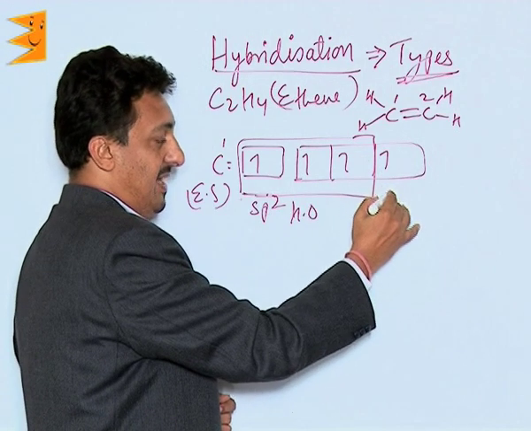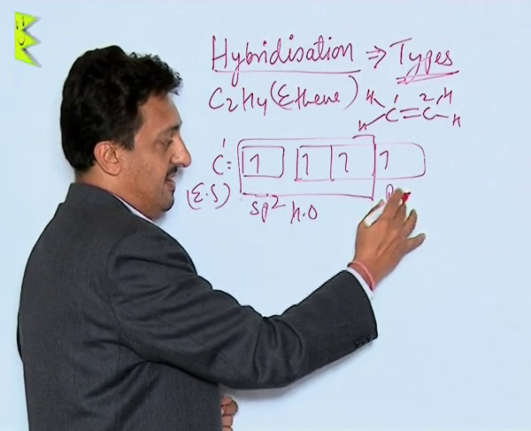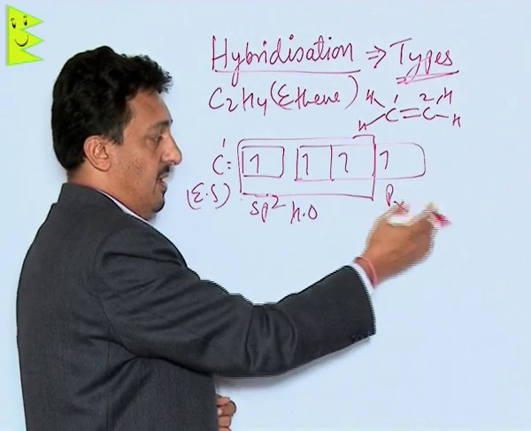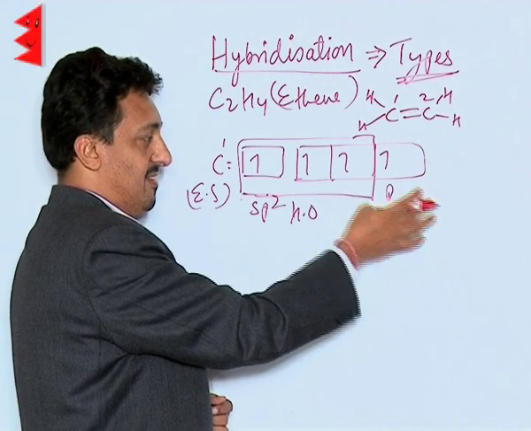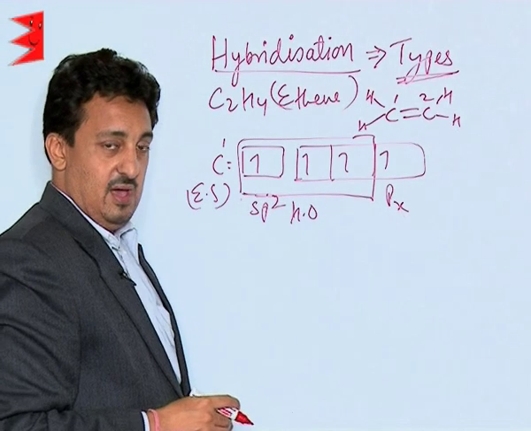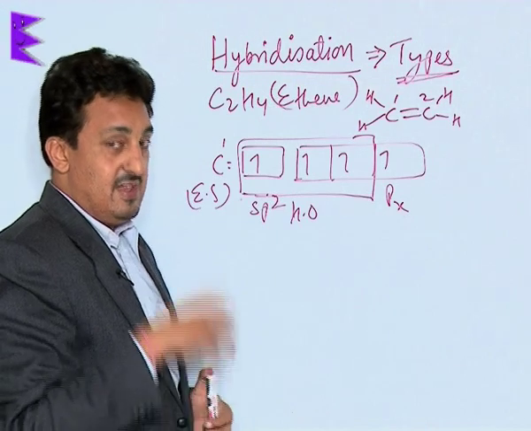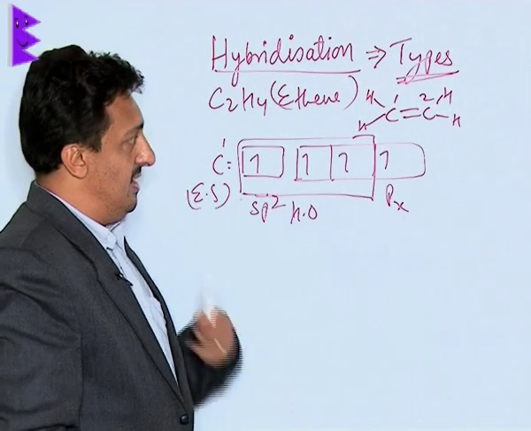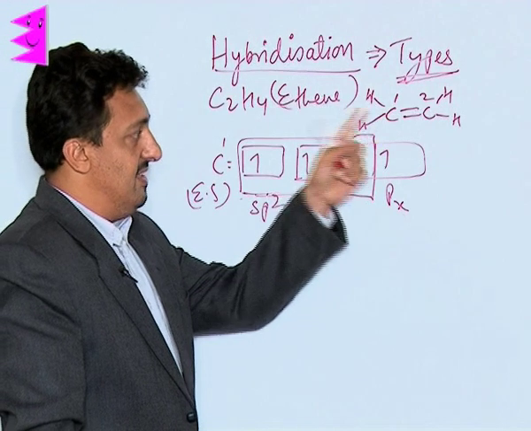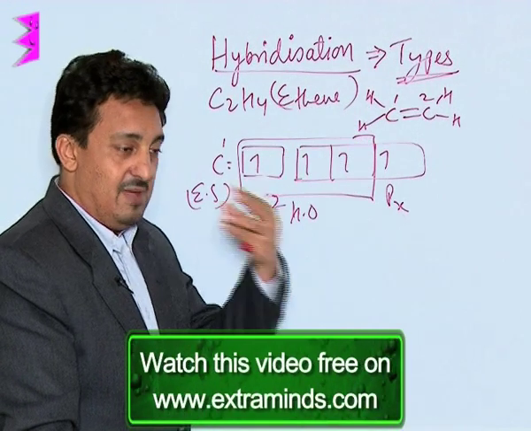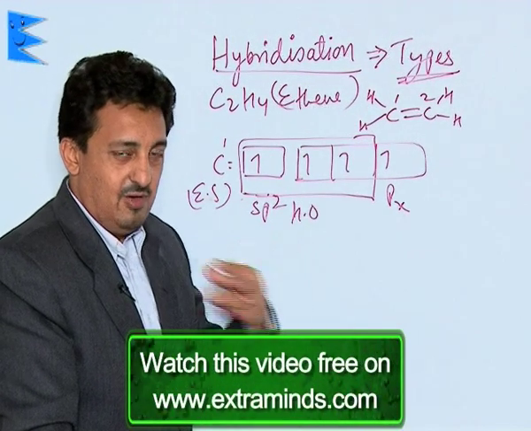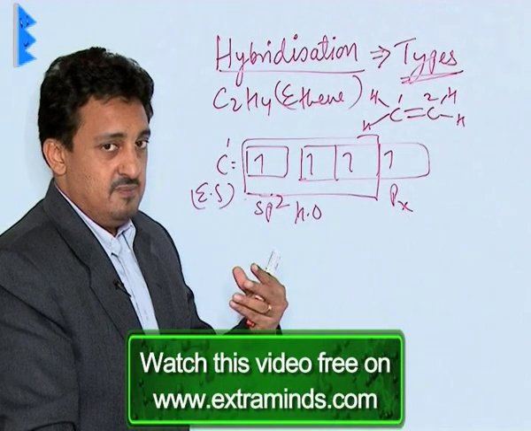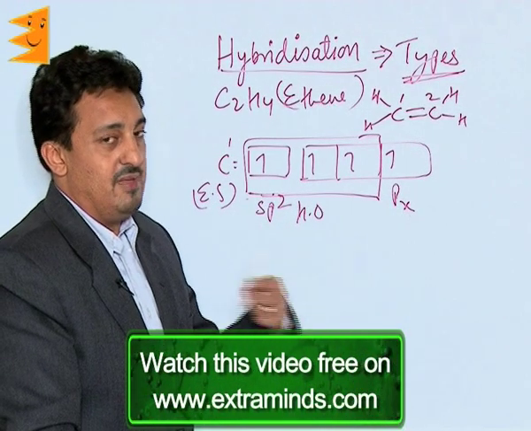The pz, or we can say the px, remains as such. One of the p orbitals doesn't participate in the hybridization. The reason is that it is believed that it is only the central atoms, that many number of atomic orbitals will mix, with which it is actually forming a direct bond.